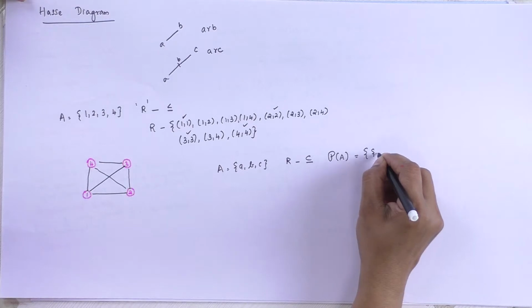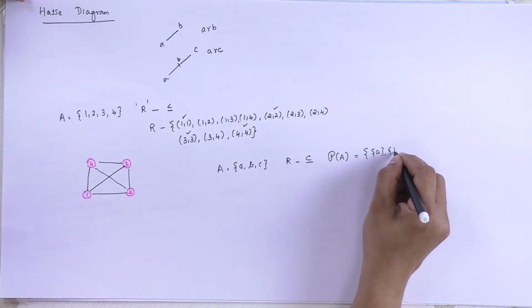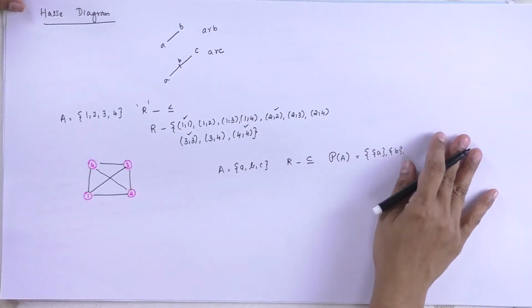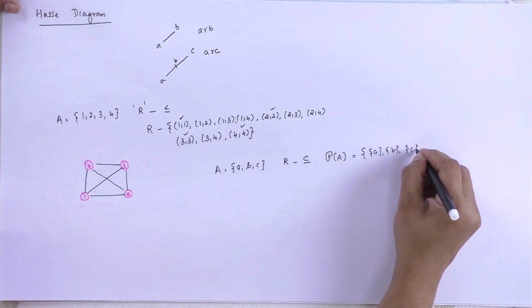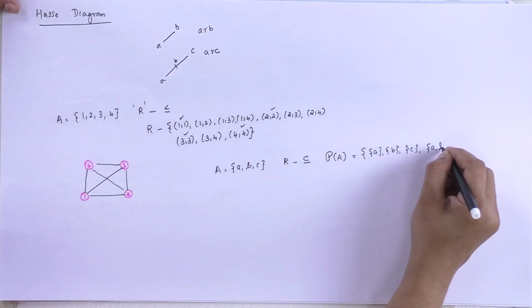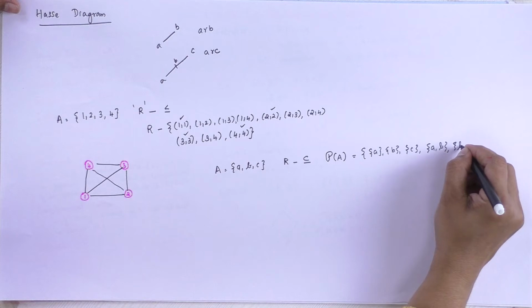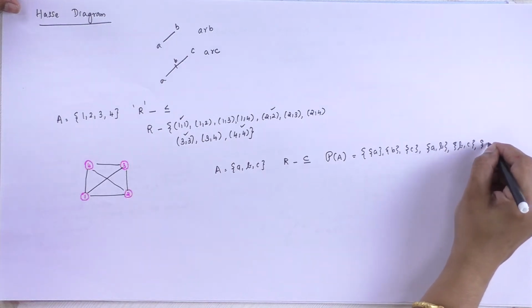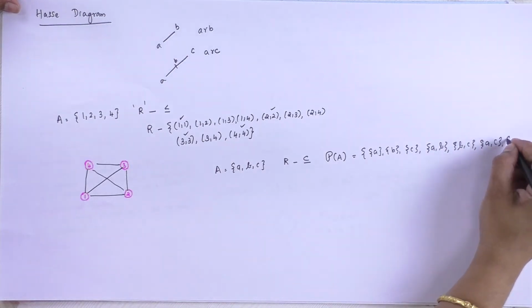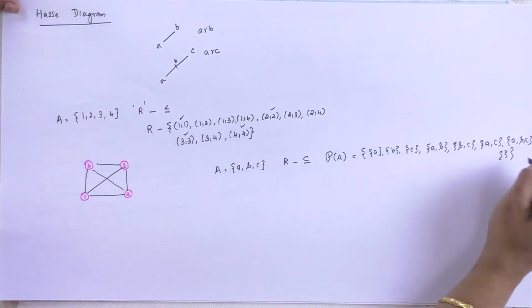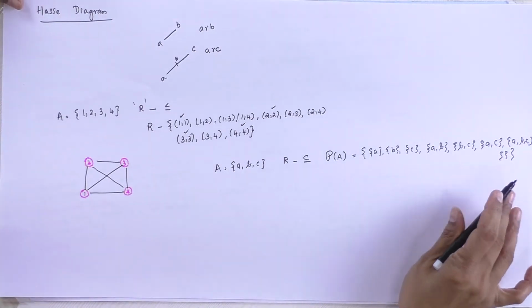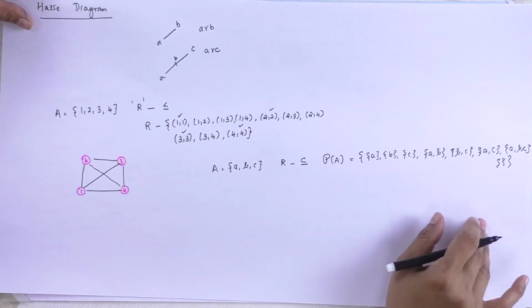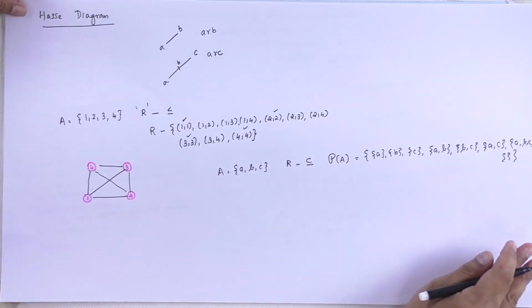I do have singleton {a}, singleton {b}, singleton {c}, I have {a,b}, {b,c}, {a,c}, and also I have {a,b,c} as the superset and also the null set. So therefore there will be 8 sets here, for which I will have to draw the Hasse diagram.